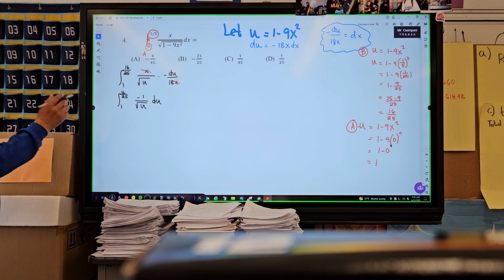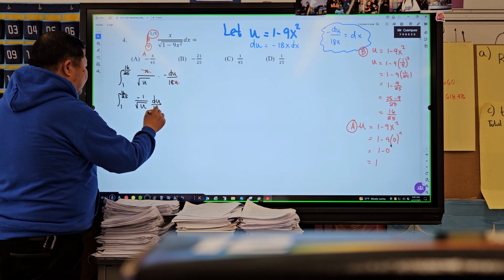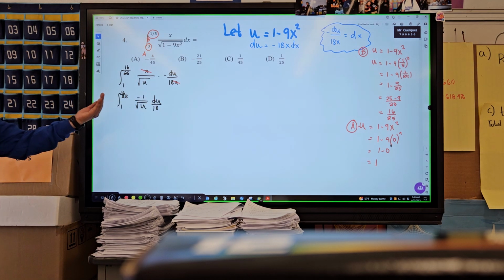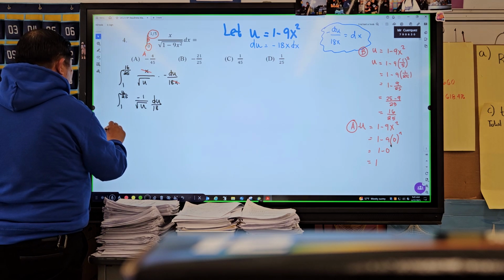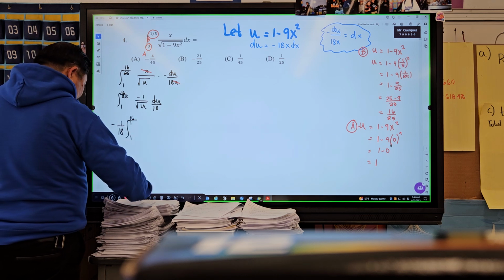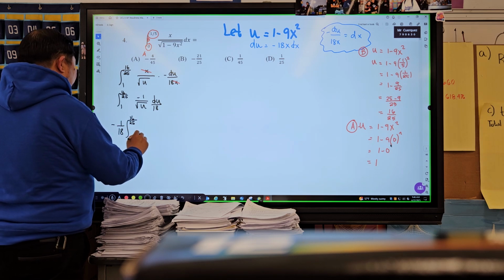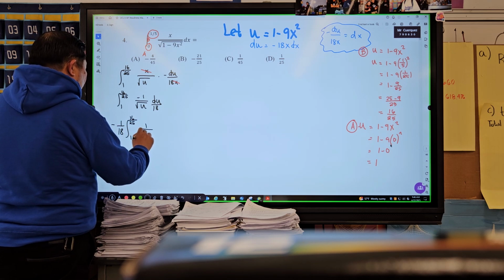And we still have the 18, du over 18, so we write the negative 1 over 18 in front. We say negative 1 over 18 times the integral from 1 to 16 over 25 of 1 over square root of u du.